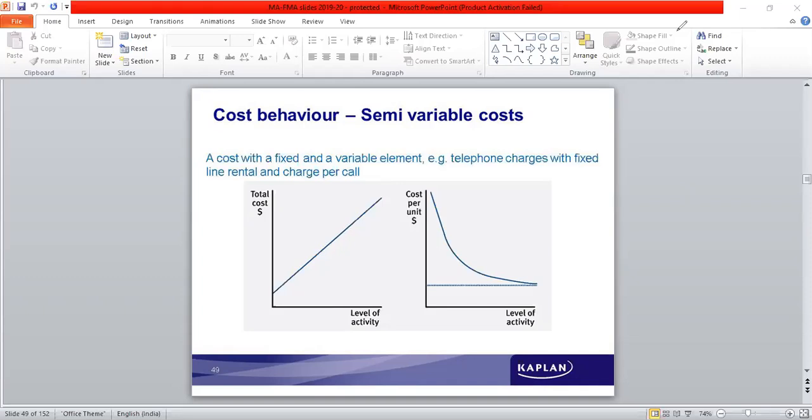In the case of a telephone bill, there is a fixed monthly cost, some minimum rent. In the case of an electricity bill, there is some minimum amount which has to be paid irrespective of the usage. Even if you do not make even one single call, the cost has to be paid. That is fixed in nature.